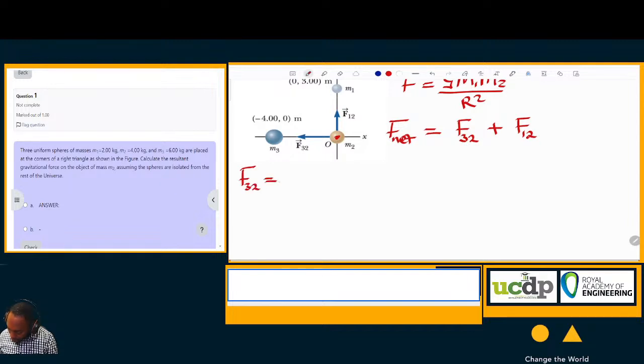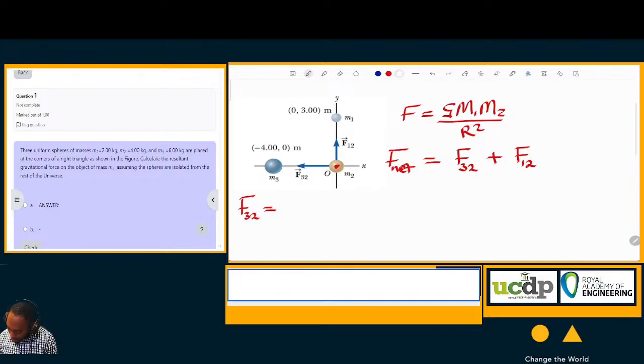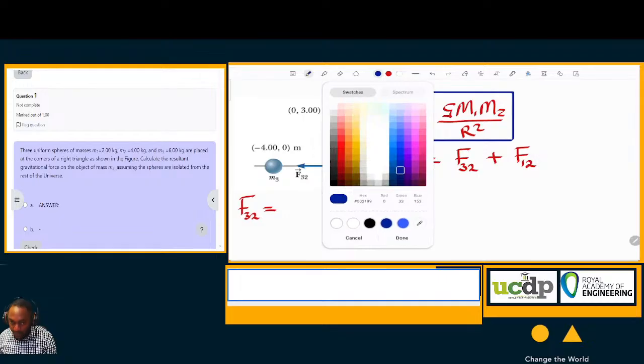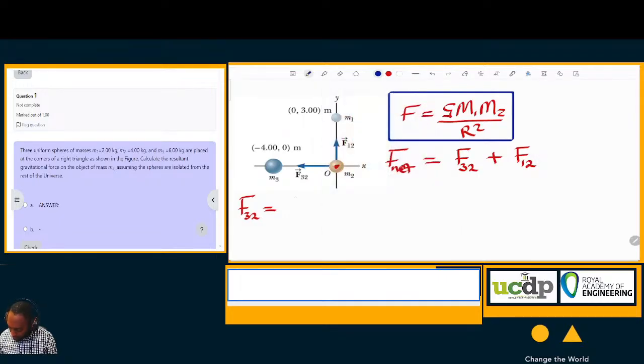We're going to be substituting into the equation which we have already written down, and the value of G is known as 6.67 times 10 to the negative 11, multiplied by the value of M3.